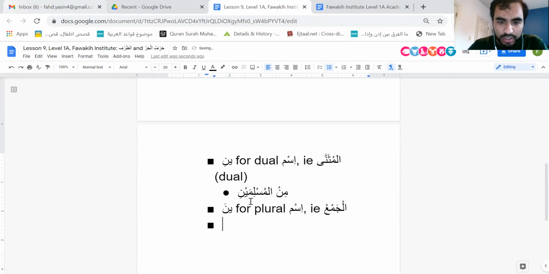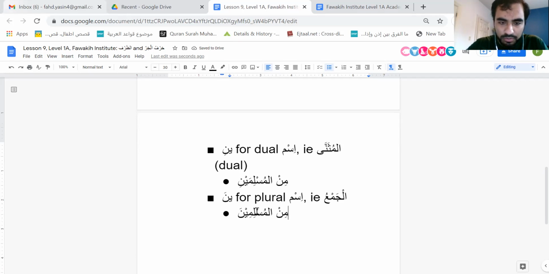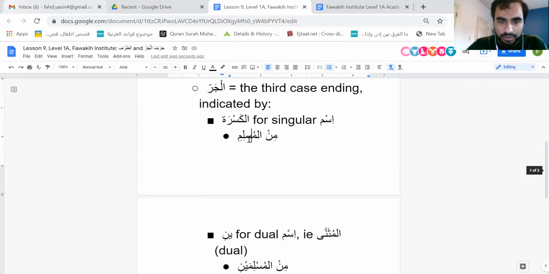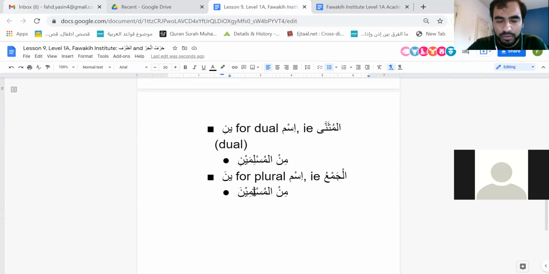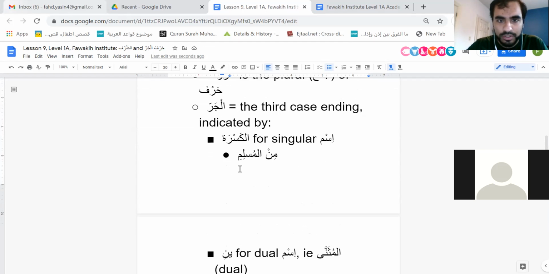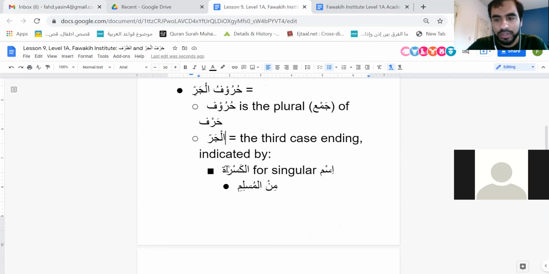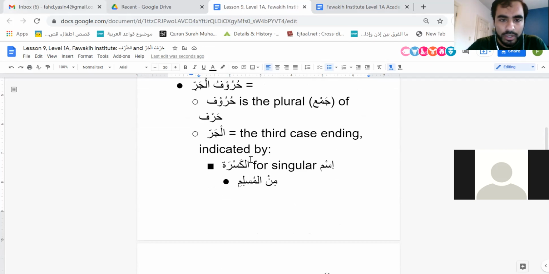And then for plural, min al-muslimina, that is the plural state for a word in the jar state. So basically kasra for singular, the aini ending for dual, for example muslimaini, mu'minaini, qanitaini, and then the ina ending for plural. That's for the state of jar, and the jar is indicated by these three things.